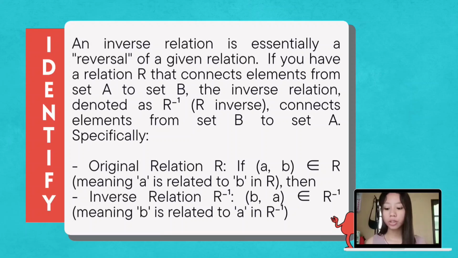If you have a relation R that connects elements from set A to set B, the inverse relation, denoted as R raised to the power of negative 1, or R inverse, connects elements from set B to set A. Specifically, in the original relation R, if ordered pair (A,B) is an element of R, meaning A is related to B in R, then the ordered pair (B,A) is an element of the inverse relation, meaning B is related to A in the inverse relation.